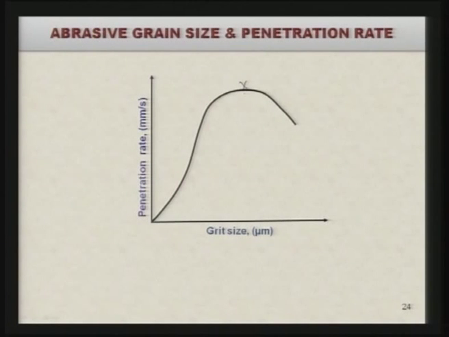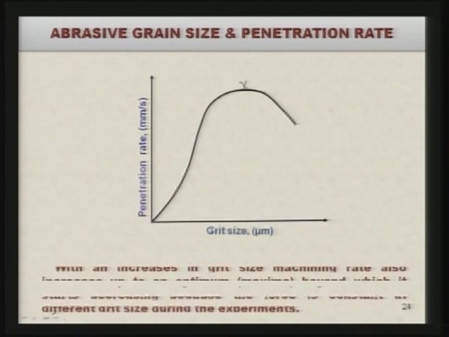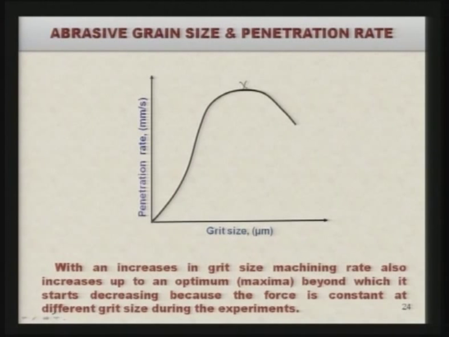Here, machining rate means penetration rate, which increases up to an optimum value where you are getting the maxima, beyond which it starts decreasing because the force is constant at different grit sizes during the experiment. So, as the grit size increases, the penetration rate starts decreasing beyond the optimum value.